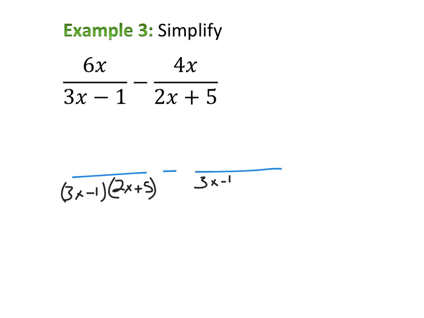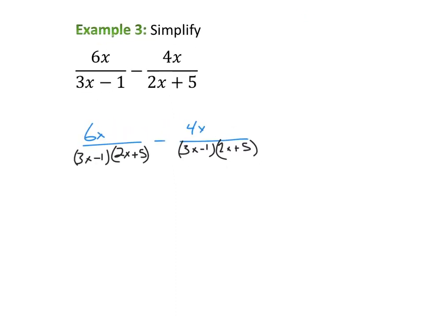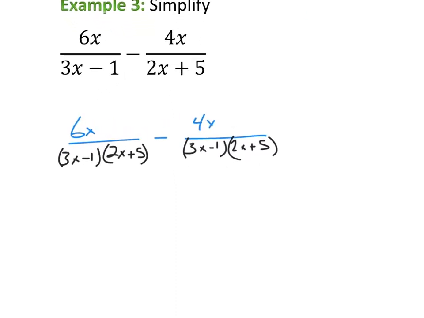The top originally has a 6x and a 4x. And again, I can't add stuff to the bottom of a fraction all willy-nilly, so I'm going to have to balance it out. The first fraction, I have to add the 2x plus 5. In the second fraction, I have to tag on the 3x minus 1.